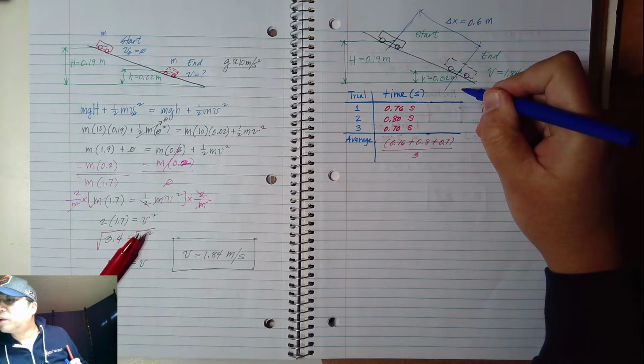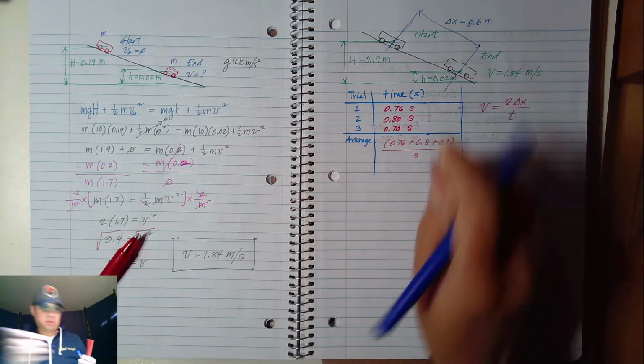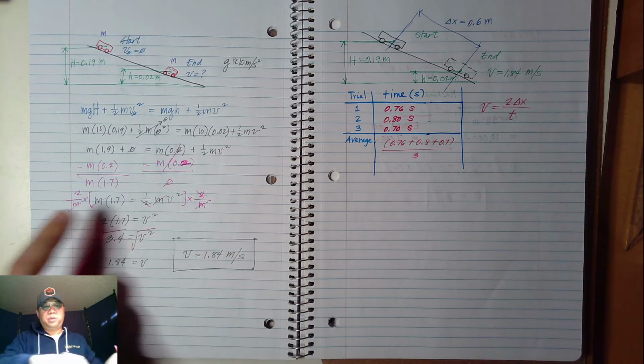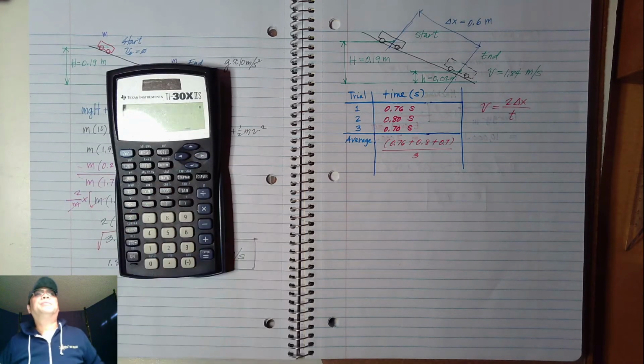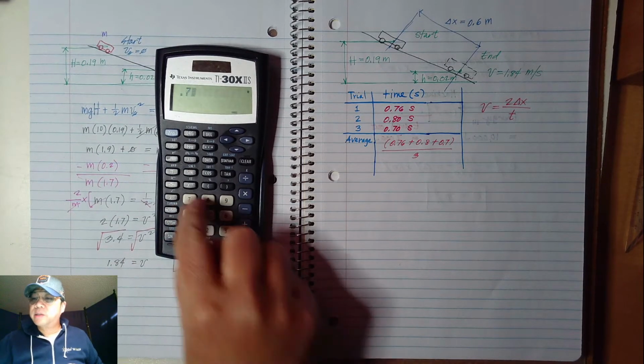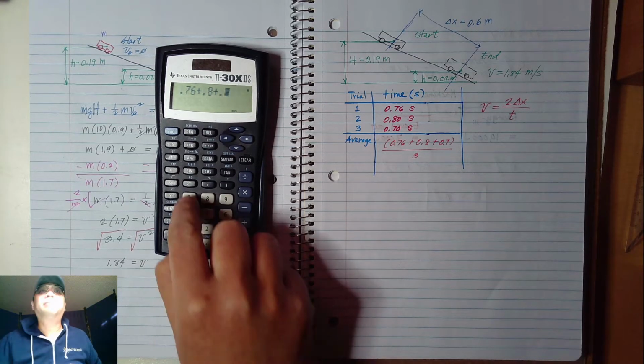So now we can basically say that the average is found by adding those three numbers, which is 0.76 plus 0.8 plus 0.7.